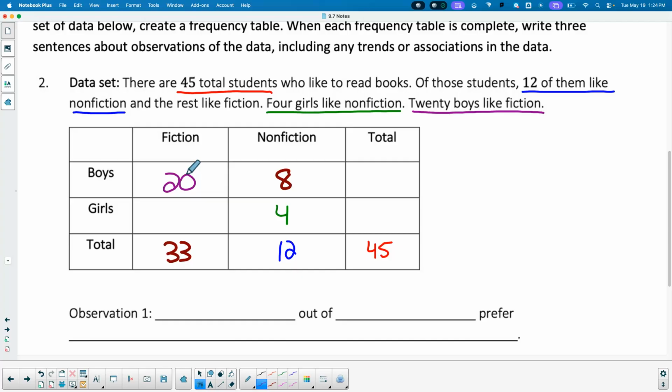Fill me in a square. The total boys is 28. Fill me in the next square.